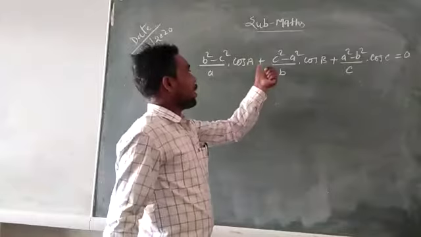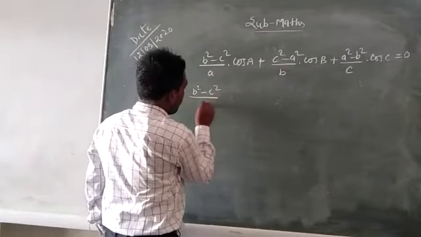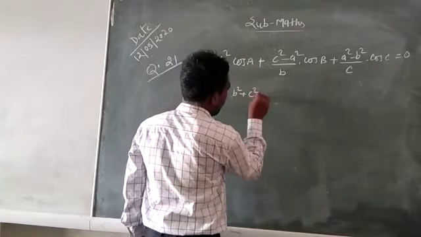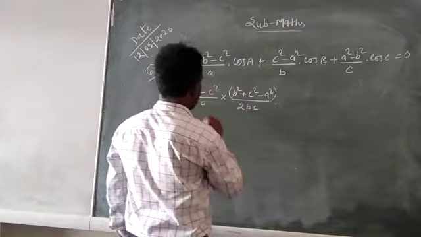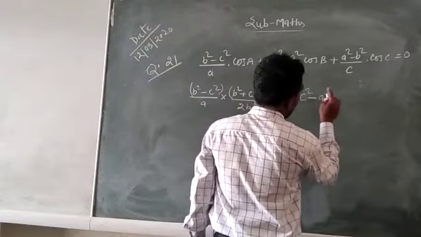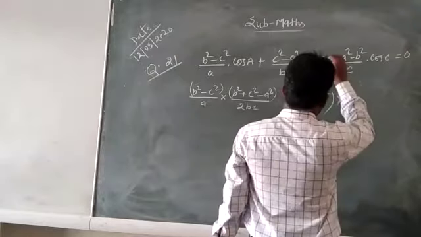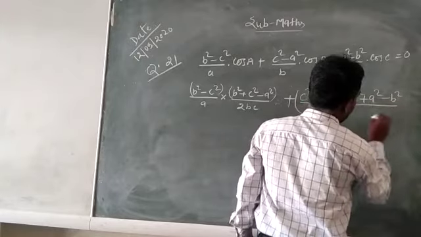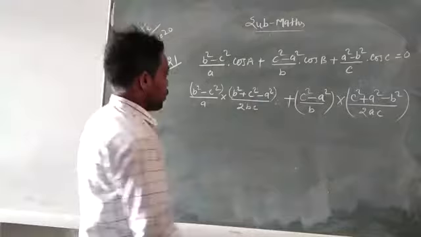Taking the left side of the question, we get (b square minus c square) divided by a, multiplied by cos A. Cos A means b square plus c square minus a square divided by 2bc. Plus (c square minus a square) divided by b, multiplied by cos B. Cos B means c square plus a square minus b square divided by 2ac.